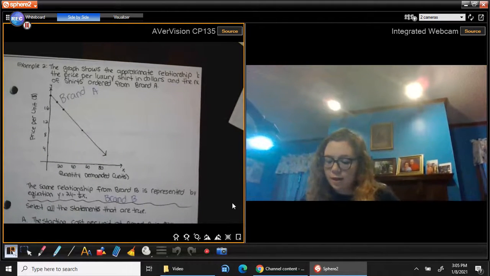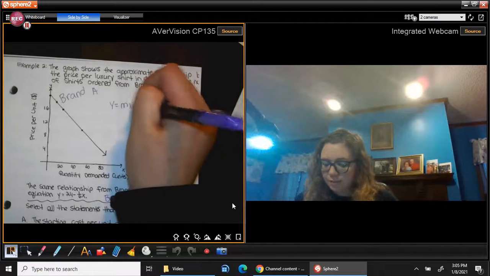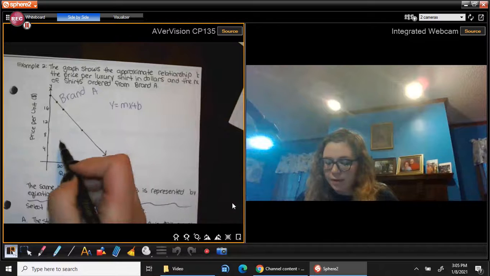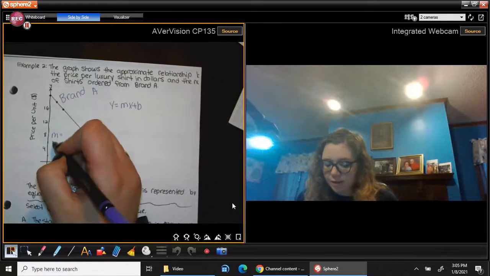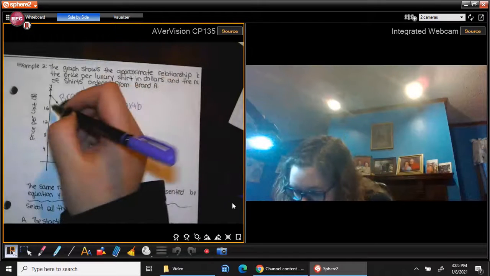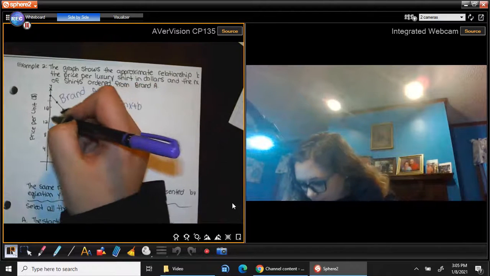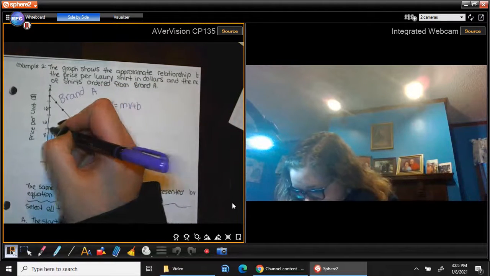So again, we know the equation of a line is y equals mx plus b. I need to find my slope, and I need to find my y-intercept. Where does it cross the y-axis? I apologize, you cannot see the graph paper very well on this.